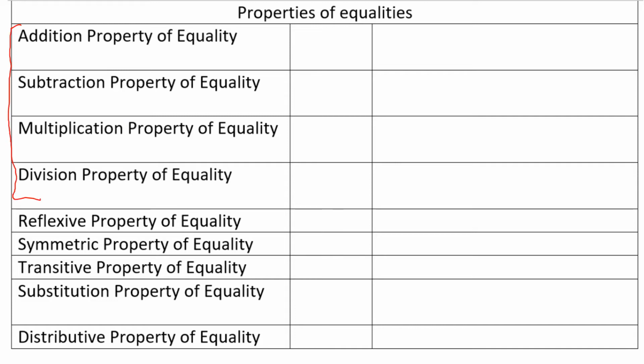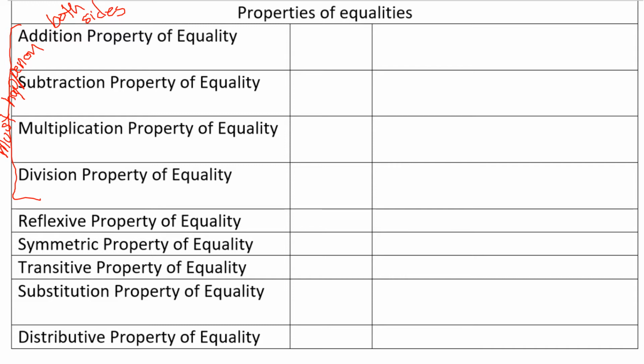So all four of these must happen on both sides. If you aren't adding, subtracting, multiplying, or dividing on both sides of your equation, you're just simplifying.